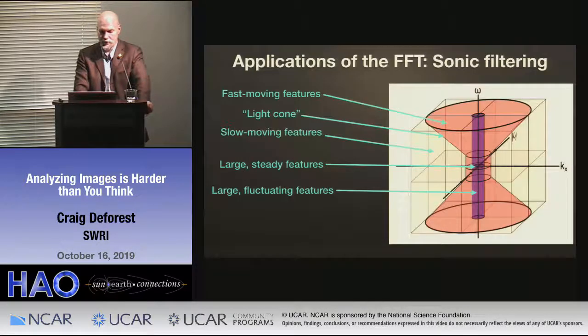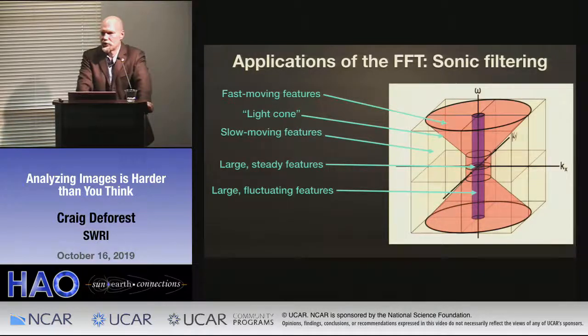You need to apodize your data. So here's a sonic filter, which I think is really a cool thing. This was taught to me by Dick Shine back in the 90s. All that stuff in wave theory in E&M, which many of you took, talks about k-omega diagrams and where on the k-omega diagram a particular kind of wave lives. Well, it turns out image features have their own.